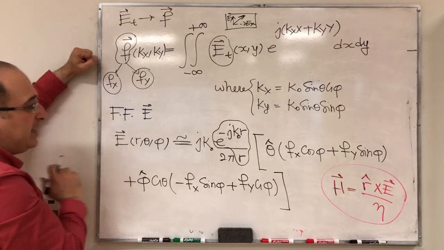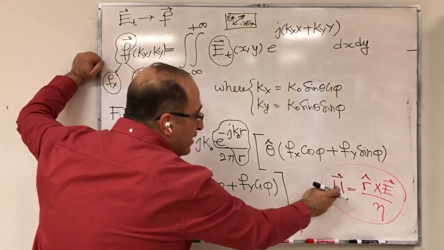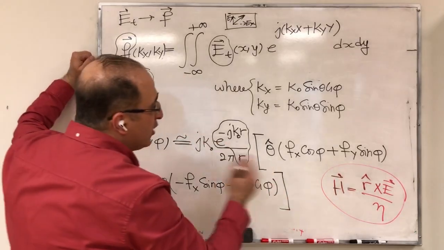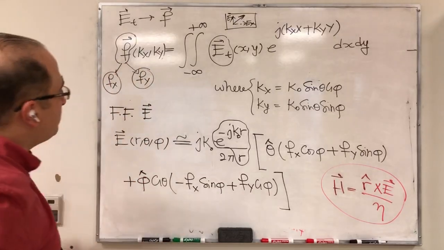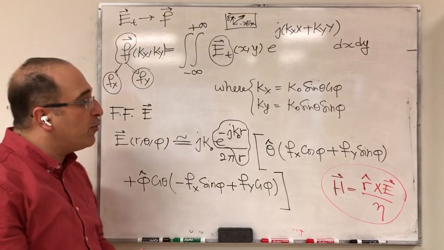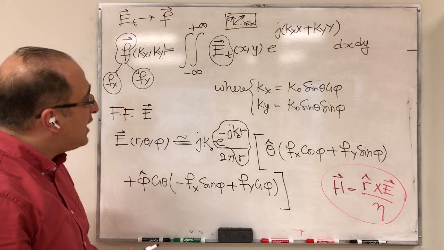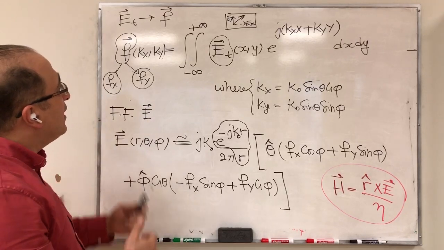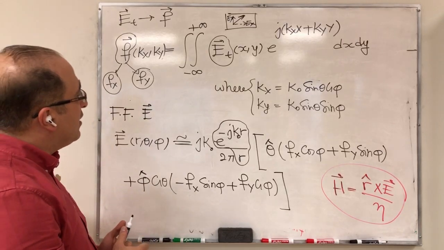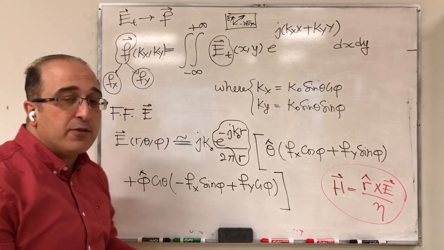So this is your E. When you get your E, you use plane wave because, again, you are in the far field to get to your H. So that's the framework that we have to calculate our electromagnetic field in the far field of the antenna.